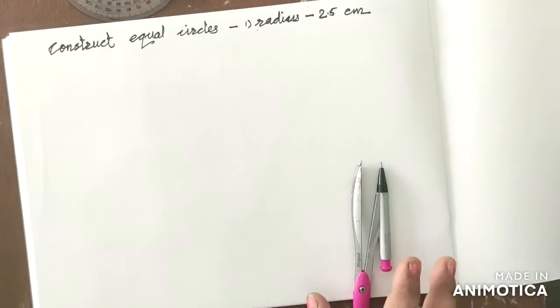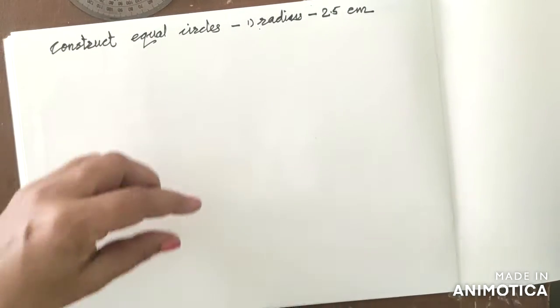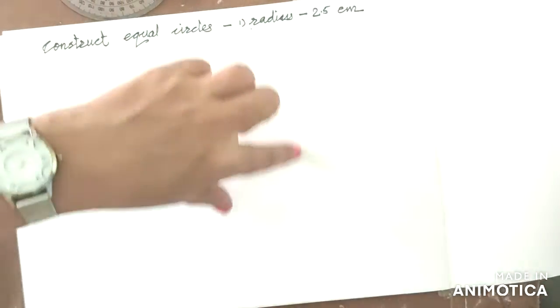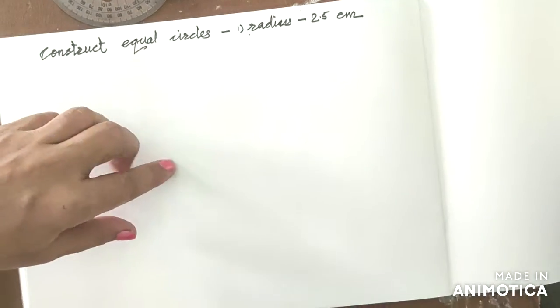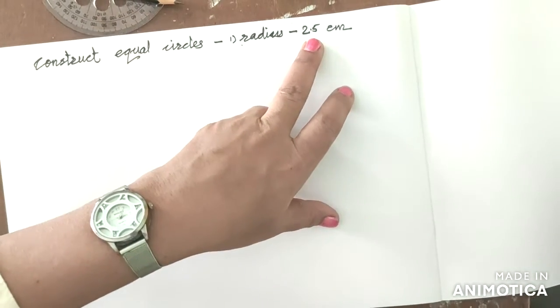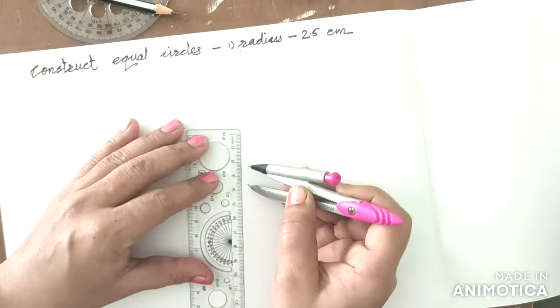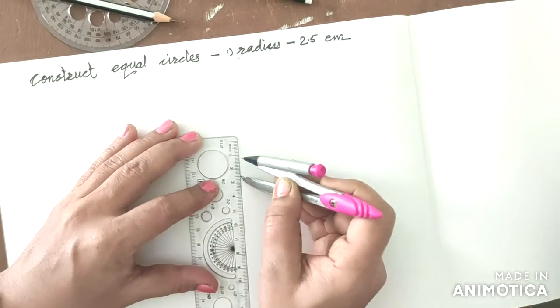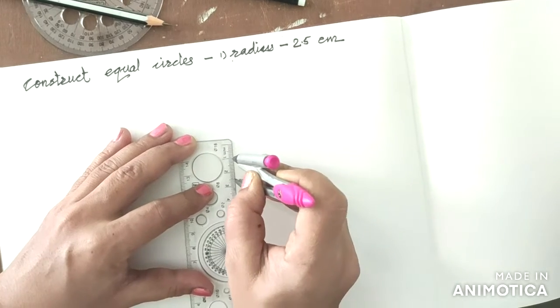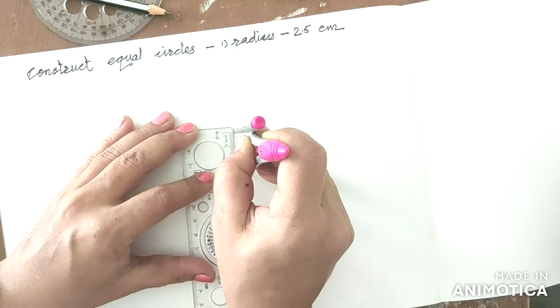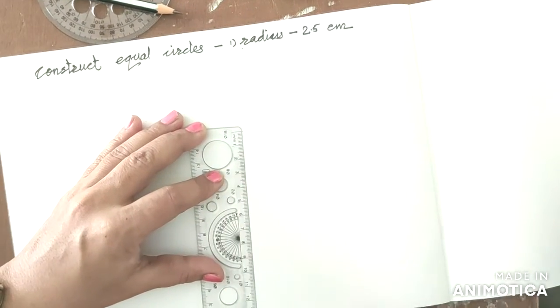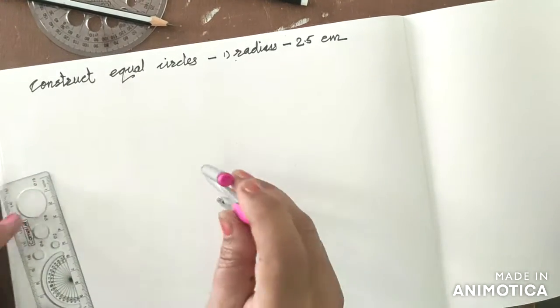So draw the circles touching each other like a flower. So first of all we have to use this information. Take 2.5 same length in our compass like this and draw a circle.